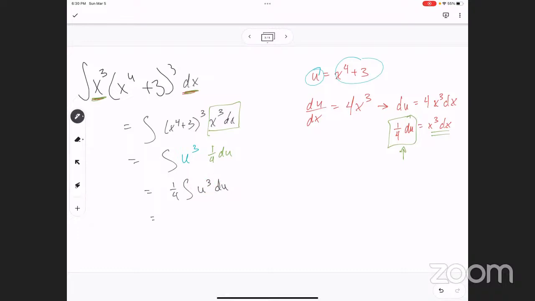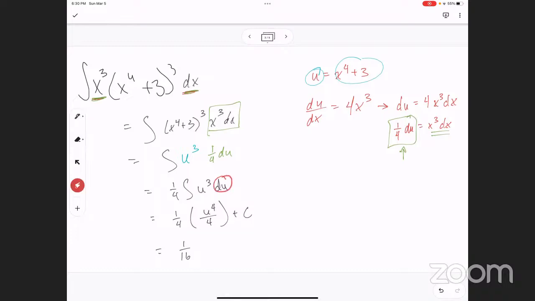So this is going to equal 1/4 times u to the 4th over 4 plus c, which equals 1/16. Wait, what about du?